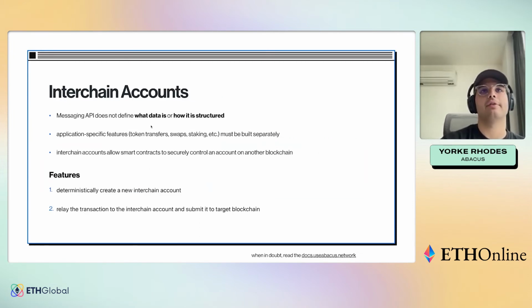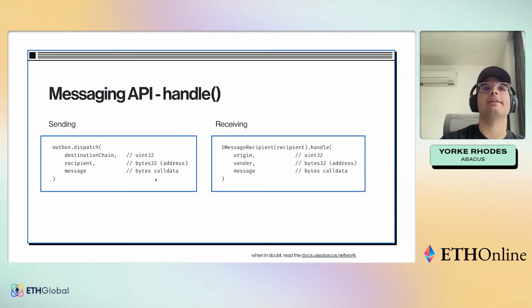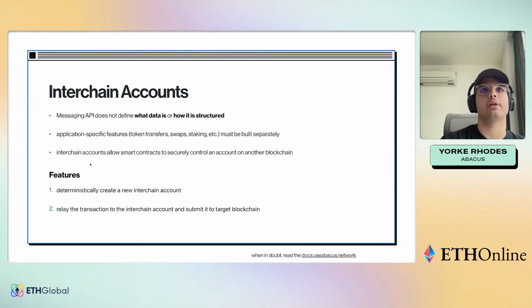You would need some way to encode a token transfer or a swap or someone staking on a remote chain, et cetera. These are all application specific consumers of the API that you would need to implement.